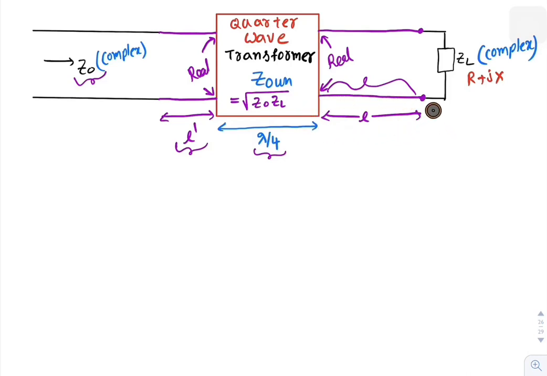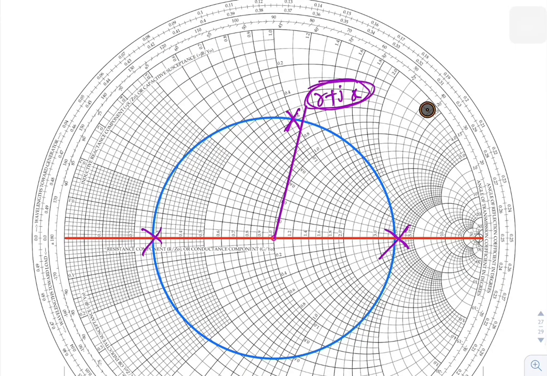While handling this problem or while designing this length, you might get a question whether this length corresponds to the angle which is available here or the angle which is available here, because both this point and this point represent a real value of normalized impedance. The solution is correct even if you consider this angle or this complete angle which is available here.